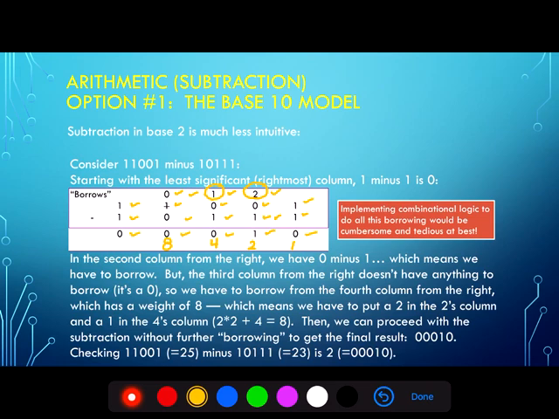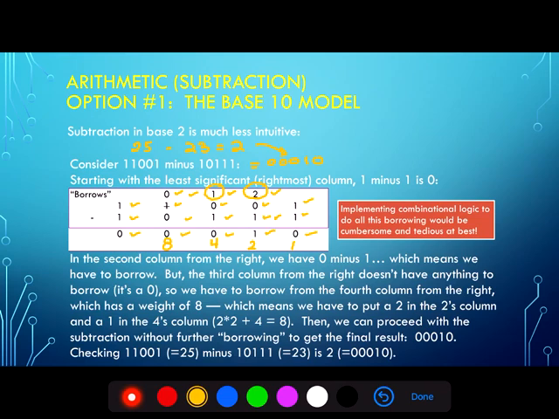So the result of 11001 minus 10111 is just equal to 00010, which in base 10 means that 25 minus 23 is simply equal to the number 2. And that's exactly what we get here in this subtraction.